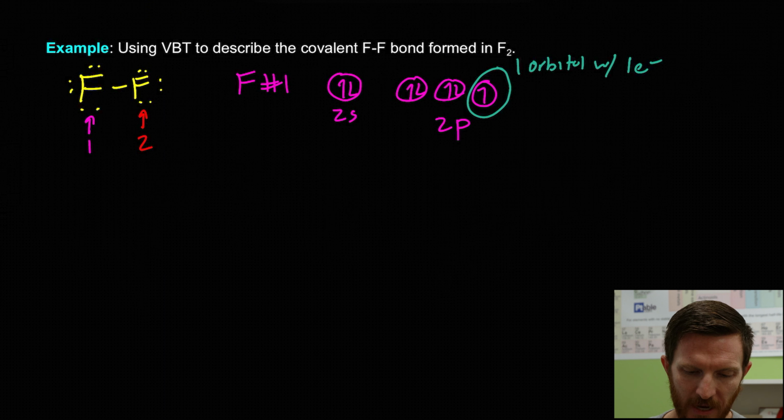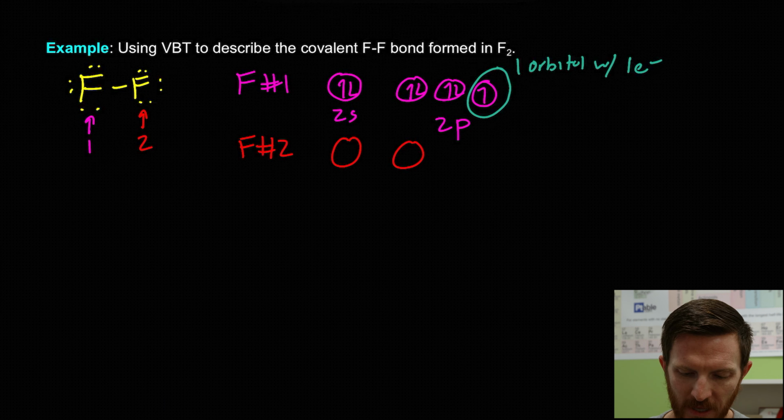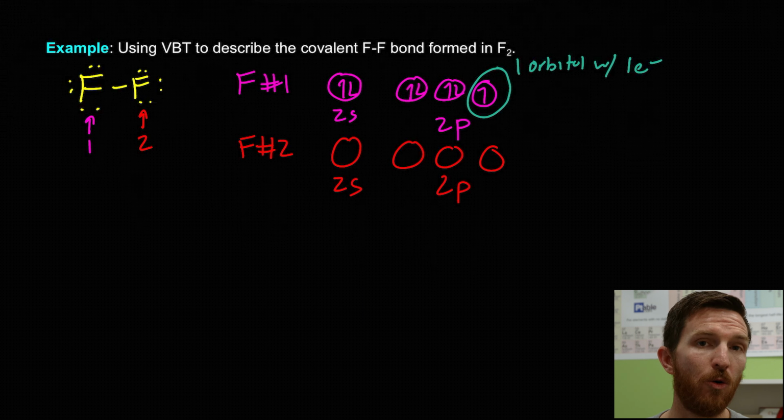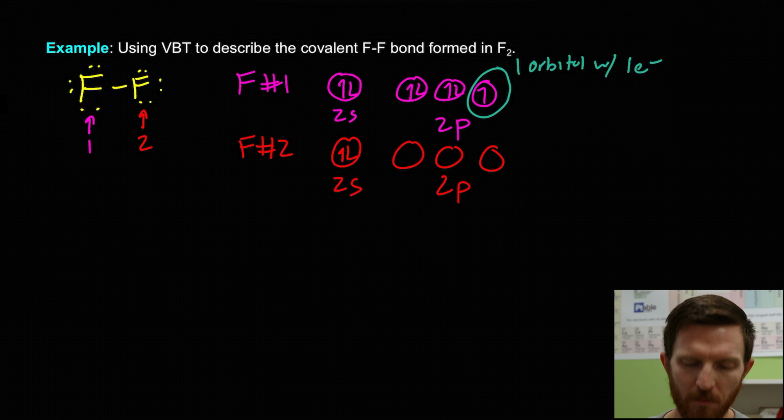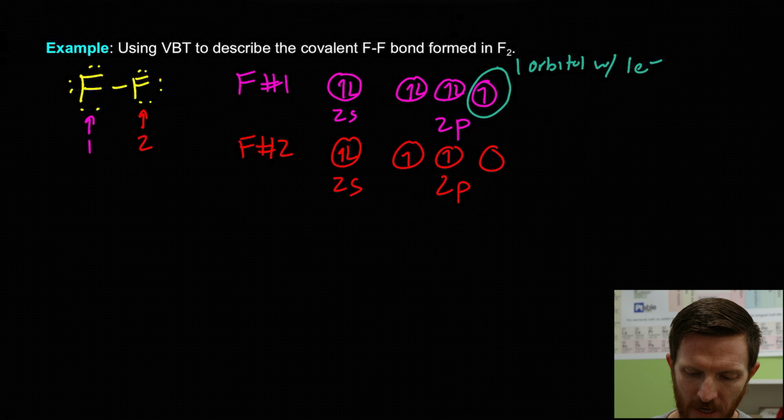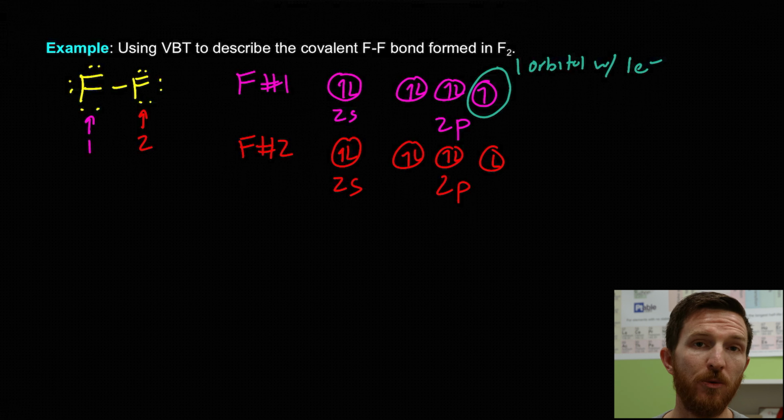If I look at my second fluorine atom, we'll find that it has the same valence orbital diagram, with 2 electrons in 2s and 5 electrons in the 2p.